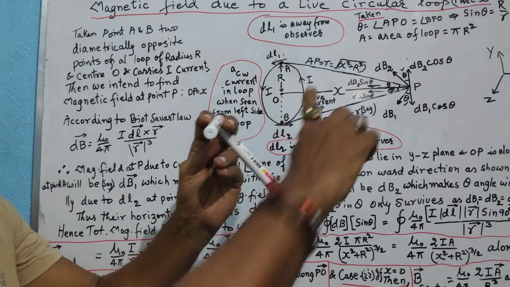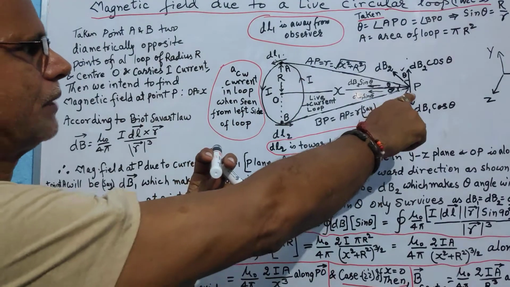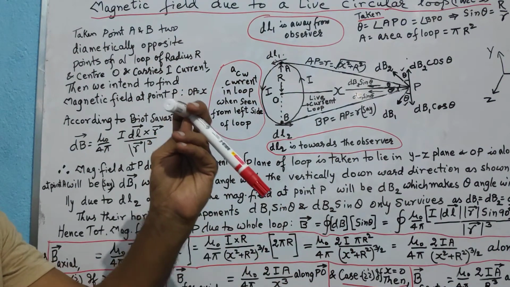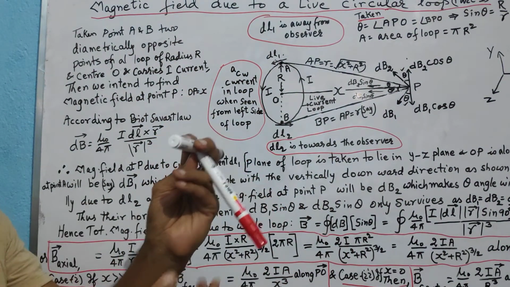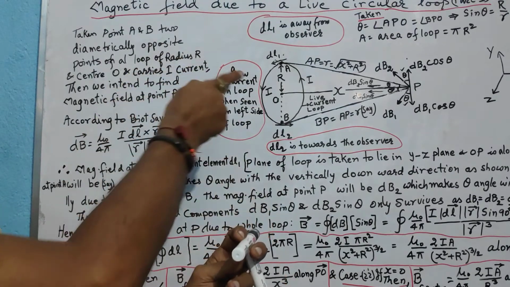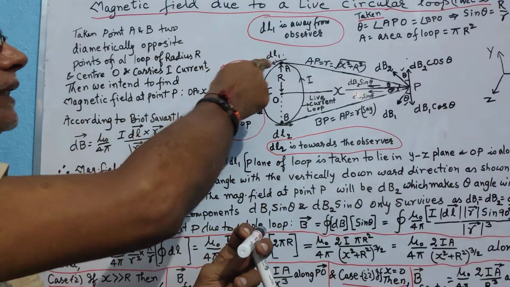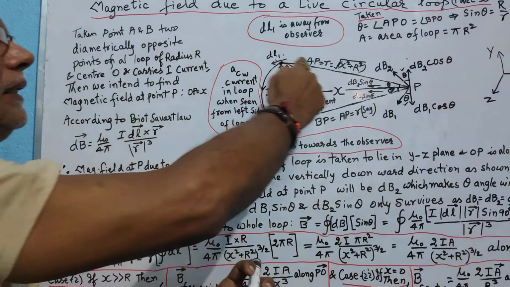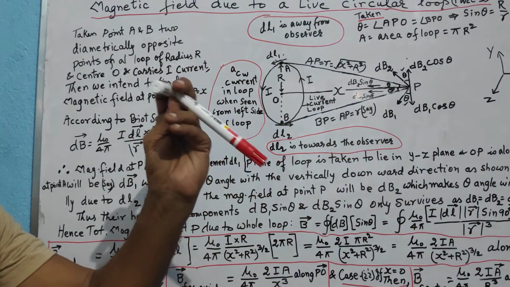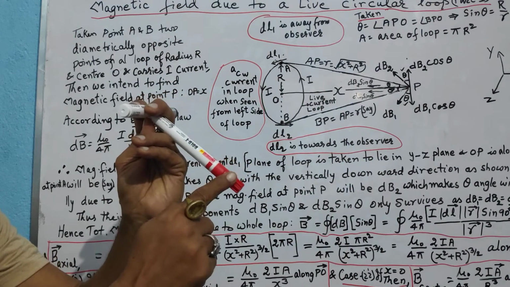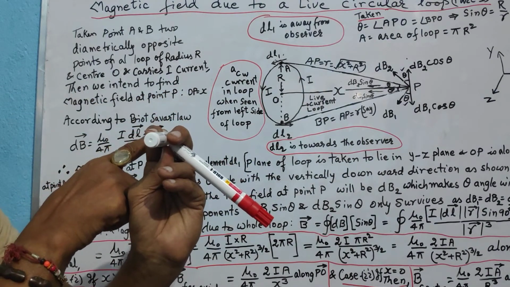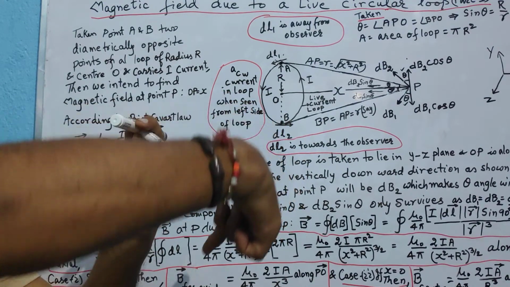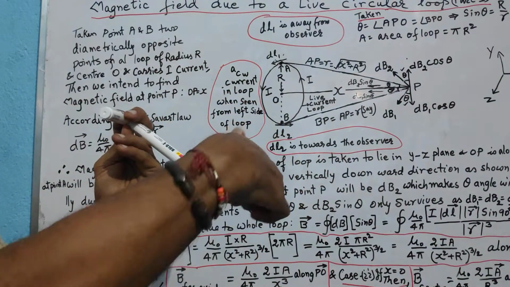And you see the direction of magnetic field at point P due to current element dl1 should be essentially perpendicular to the plane containing dl1 and vector r. So this is vector r, this is vector dl, and you need a magnetic field perpendicular to this plane.